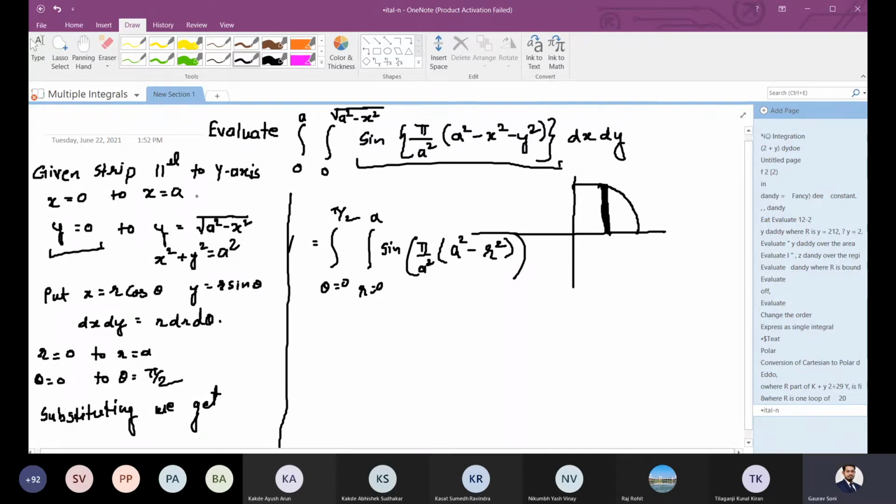Bracket complete. So dx dy is replaced by r dr d theta.